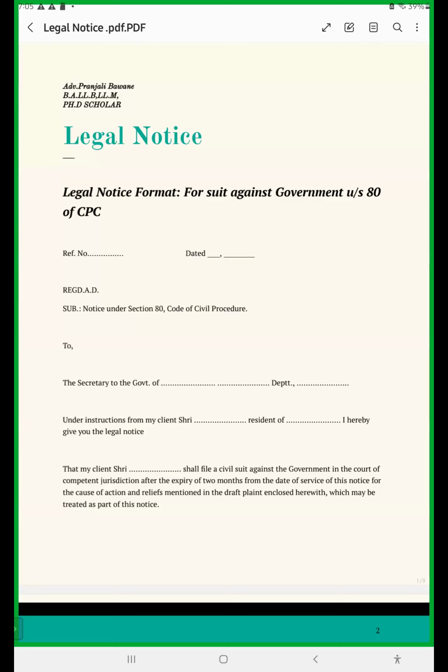It's like an application. Whenever we are going to draft legal notices, section 80 of the Civil Procedure Code has given more importance.